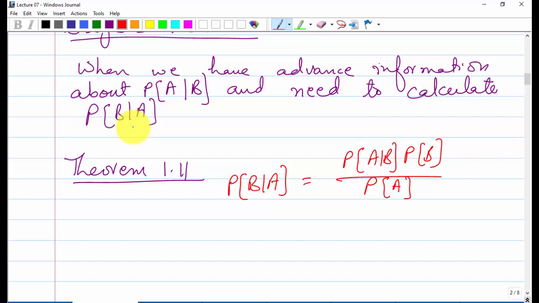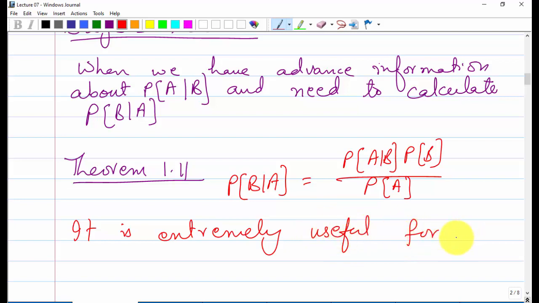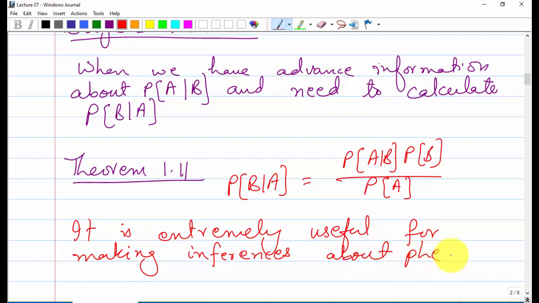So it is extremely useful for making inferences about phenomena that cannot be observed directly.